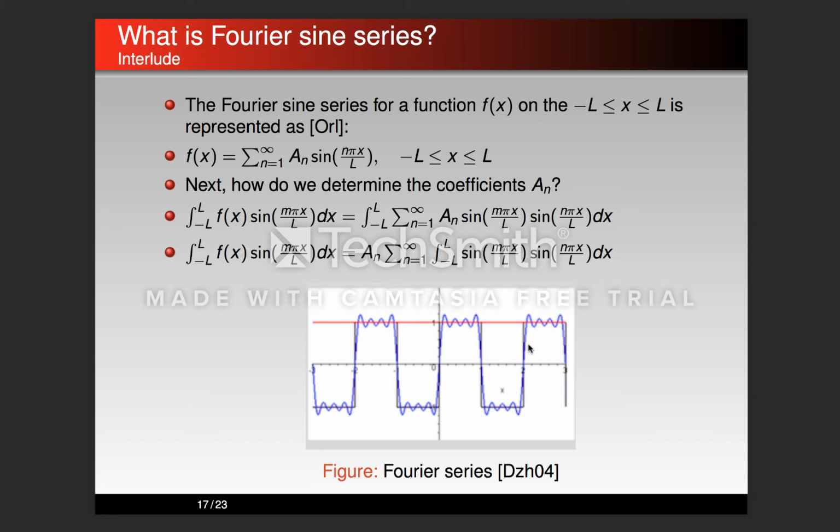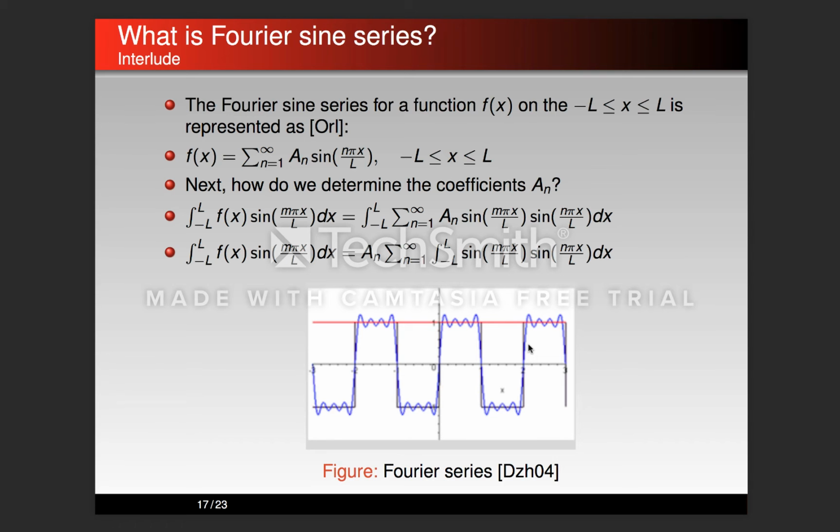So a Fourier series is an expansion of a periodic function in terms of an infinite sum of sines and cosines. Fourier series make use of the orthogonality relationship that exists in sine and cosine functions.